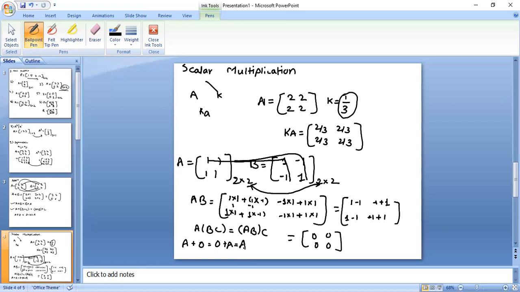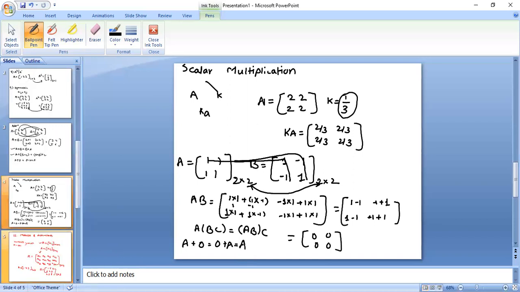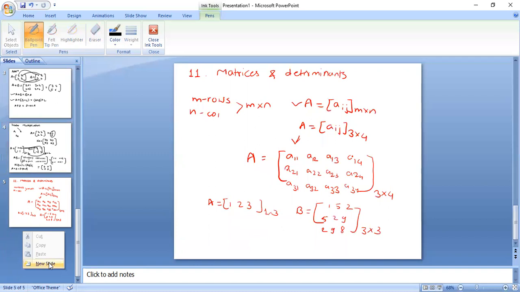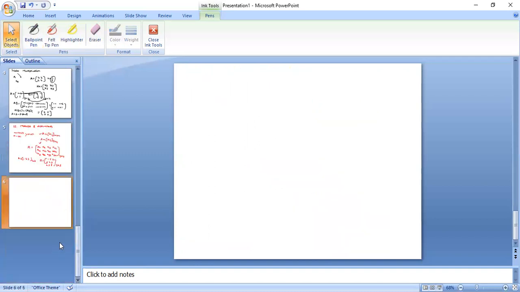Next is determinants. What is determinants? We will see. So what is determinants?